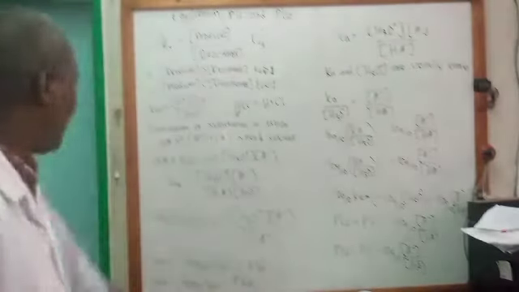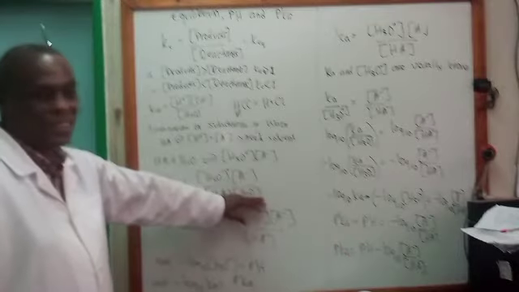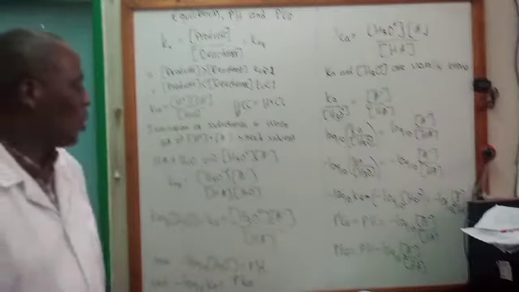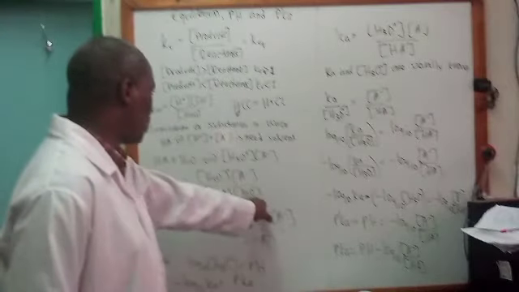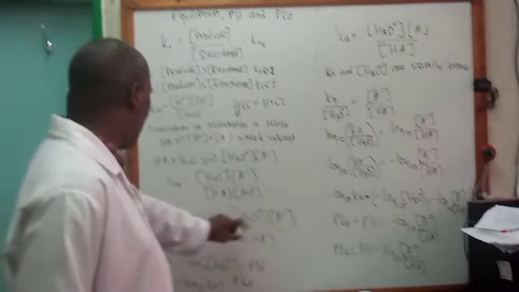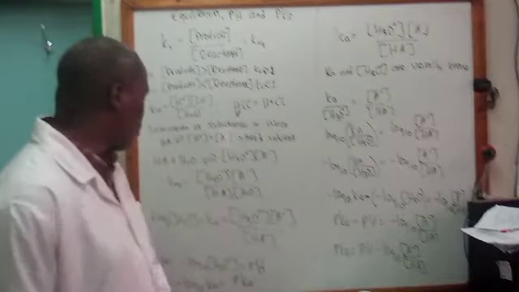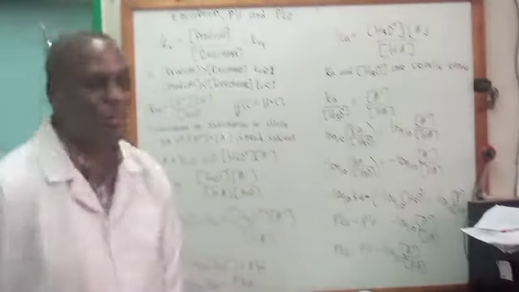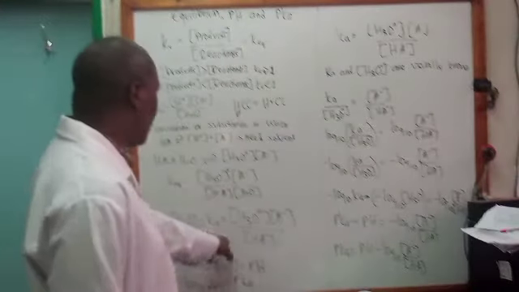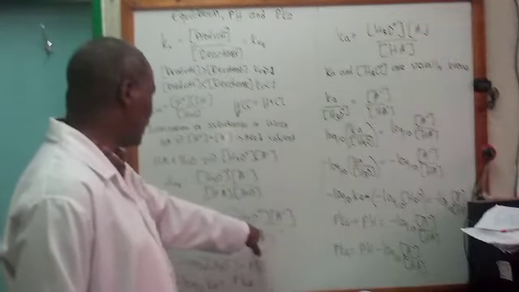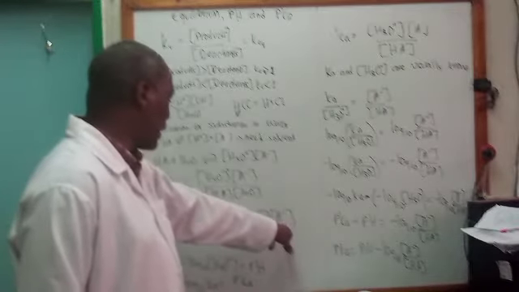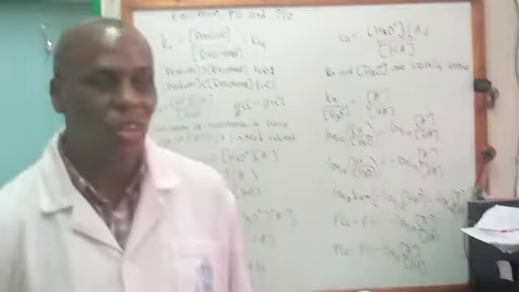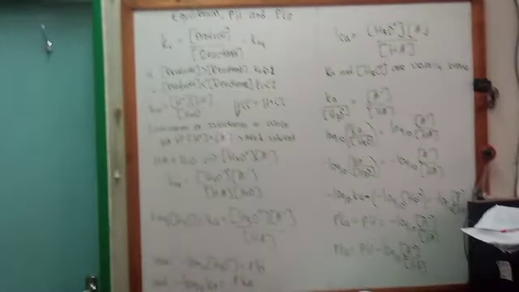So normally the concentration of the solvent, which in this case is water, does not change. So the scientists just removed this concentration of the solvent, which is water, and put it on this side along with the equilibrium constant, and then they come up with a new constant which you are going to call Ka, the ionization constant, which is given by the concentration of the protonated water and the anion over the concentration of the starting acid.